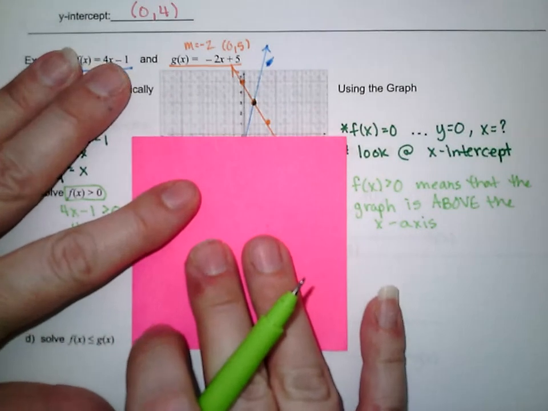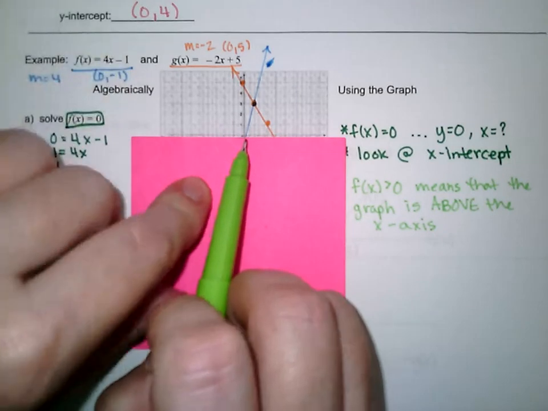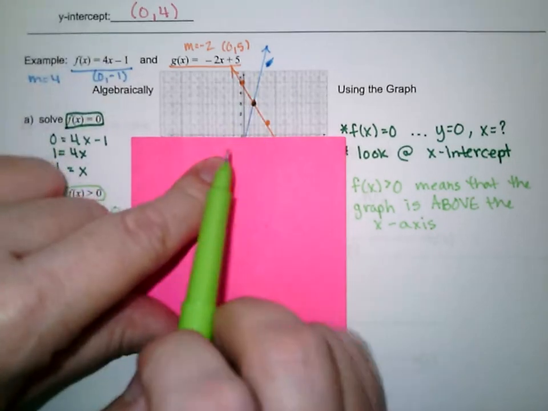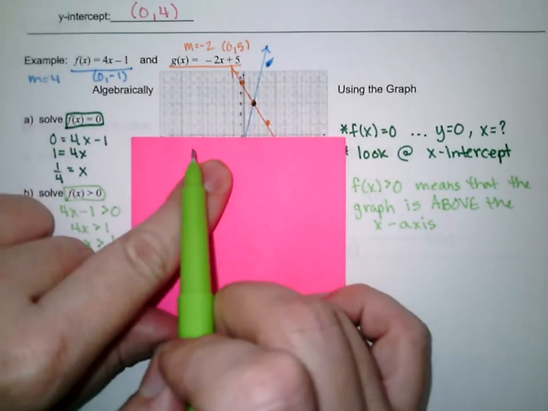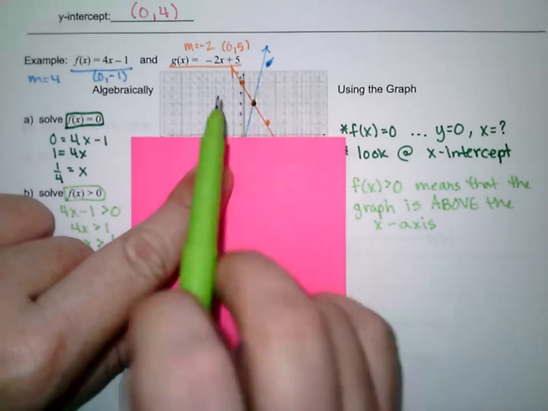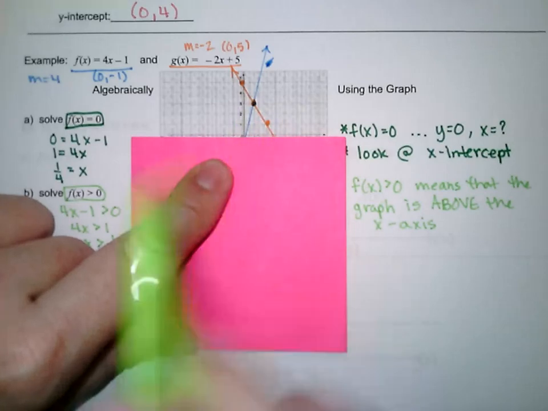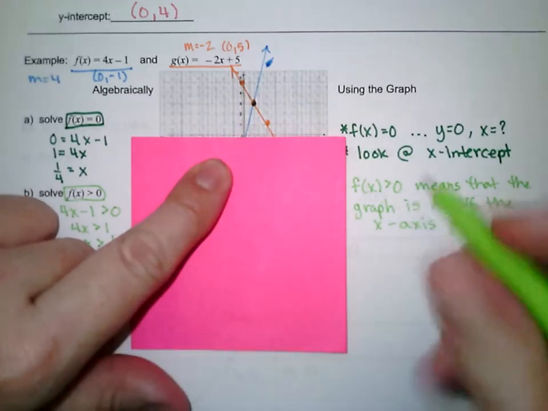So we previously had found the x-intercept of 1/4. So I would be looking at my blue graph, and I would say that it is above the x-axis when x is 1/4 and every place after that, except that I cannot include 1/4 because that's where it's on the x-axis.